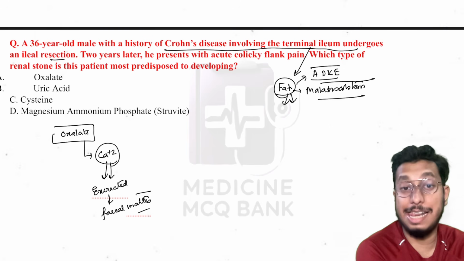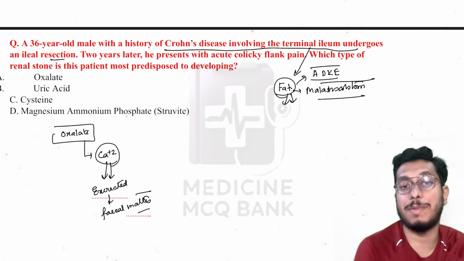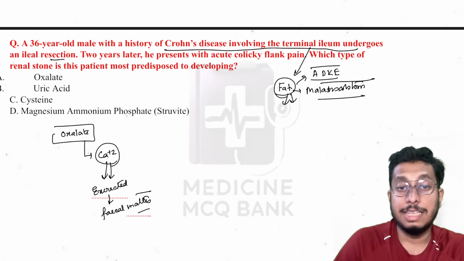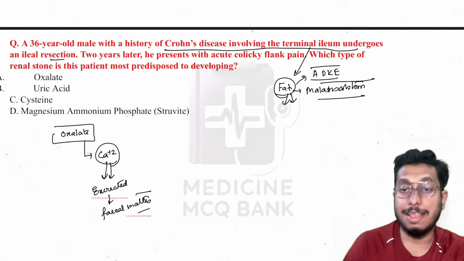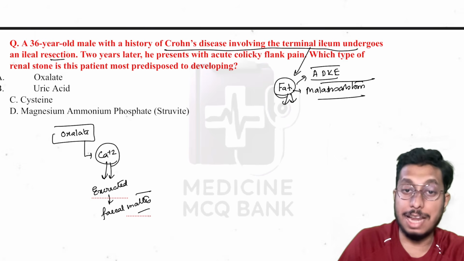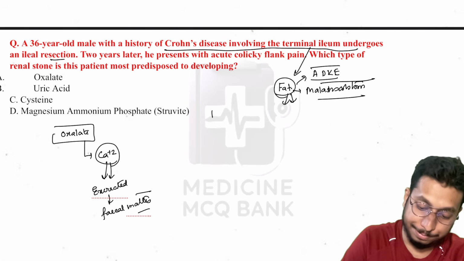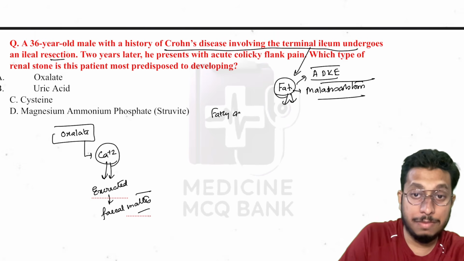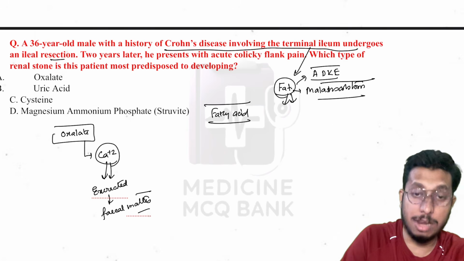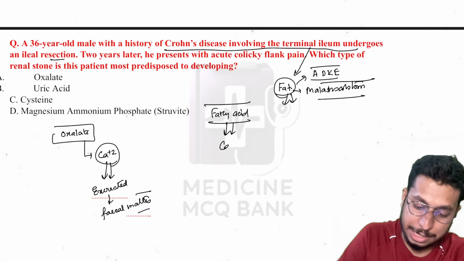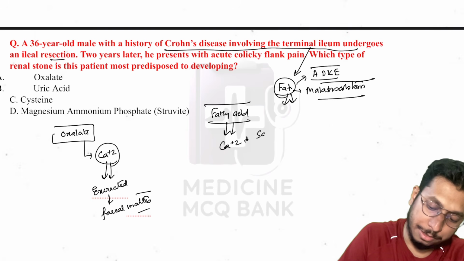This ileal resection results in a short bowel syndrome like picture, where the bile acid pool is depleted with subsequent malabsorption of fat, and this unabsorbed fatty acid binds to calcium in the colon, resulting in saponification.